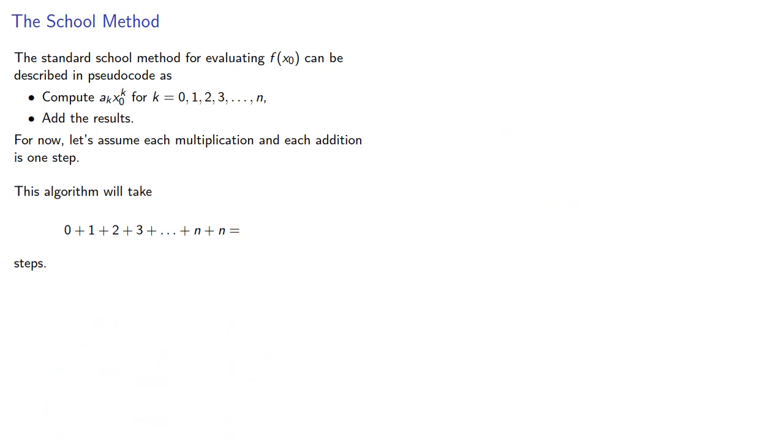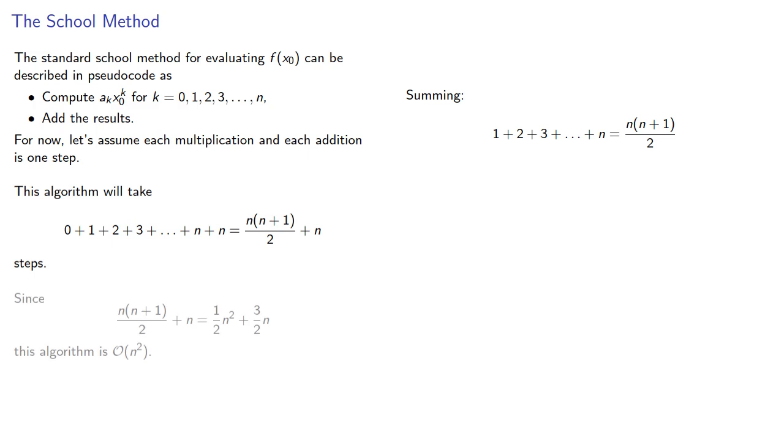So the first part of the summation is an arithmetic series, so we can sum that up using our arithmetic series formula. And since the number of computations is 1/2 n squared plus 3/2 n, this algorithm is big O of n squared.